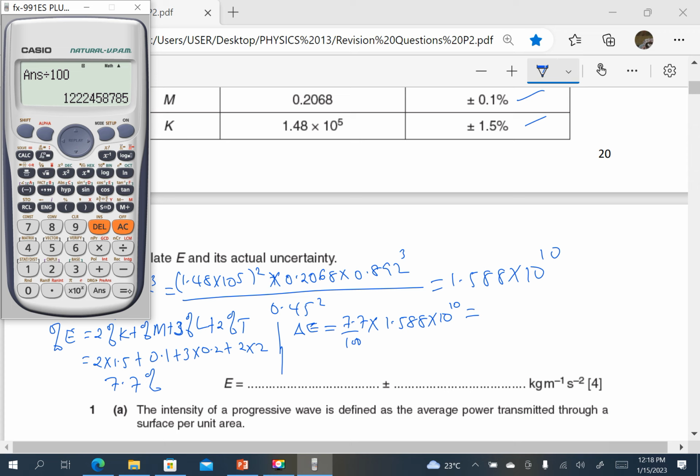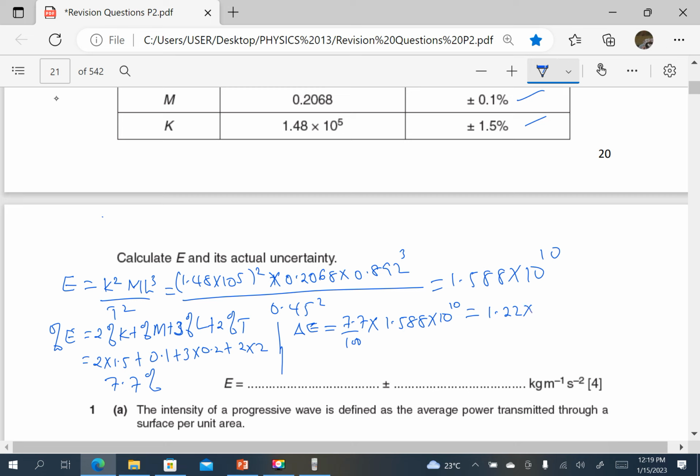So this is going to be 1.22 times 10 power 9. I want to write it as a power of 10, which will be 0.122 times 10 power 10. To write it to one significant figure, it will be 0.1 times 10 power 10. That is one decimal place. So I'll write the answer as 1.6 to one decimal place plus or minus 0.1, and the whole of this is times 10 power 10.